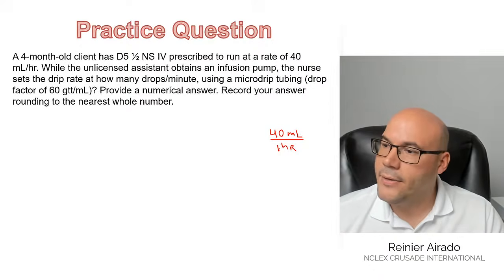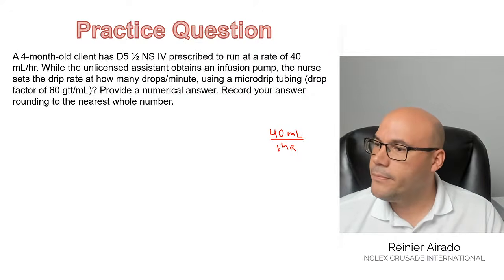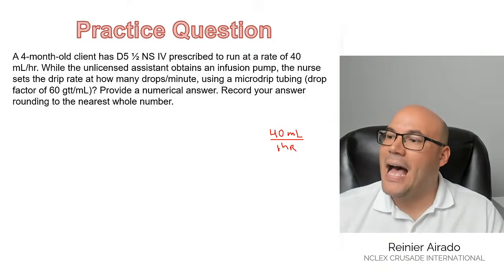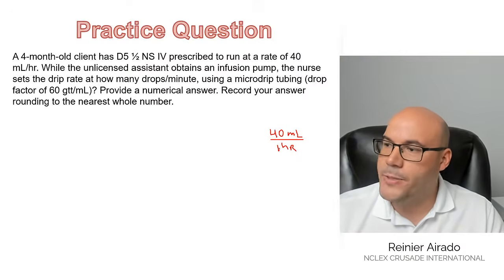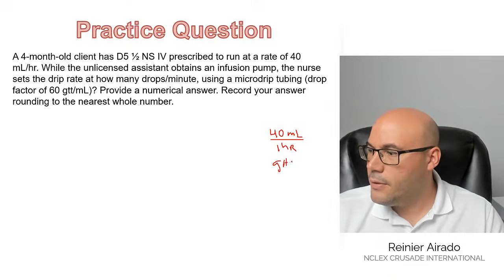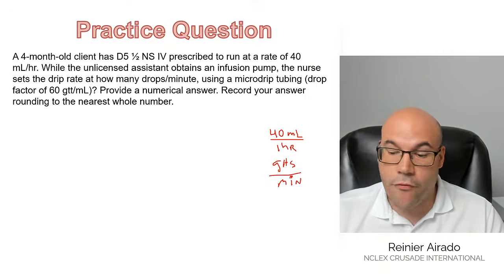Let's keep reading. While the UAP, the unlicensed assistants, obtain an infusion pump, the nurse sets the drip rate at how many drops per minute? So here's the question. Drops per minute. That is the question that we have to solve. But they're giving you another information.